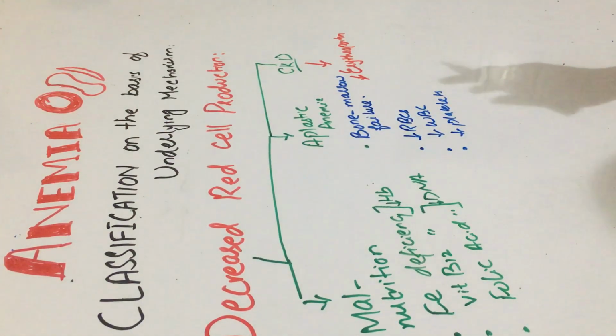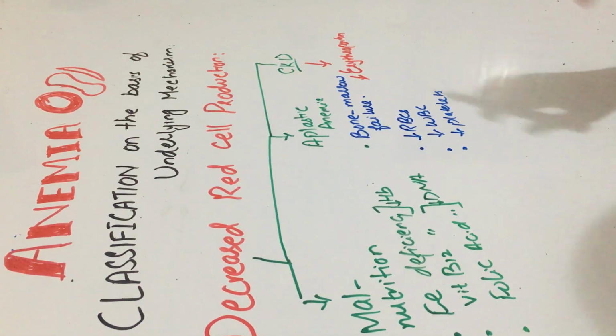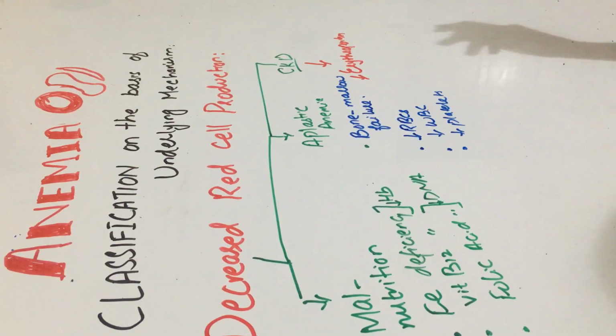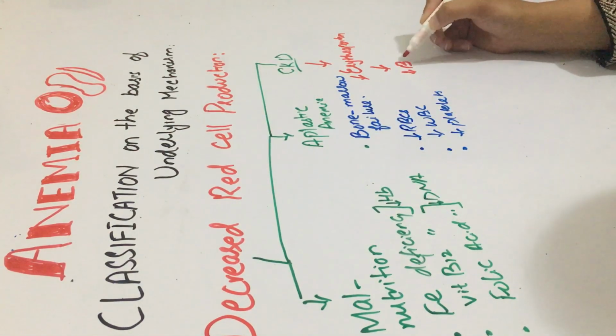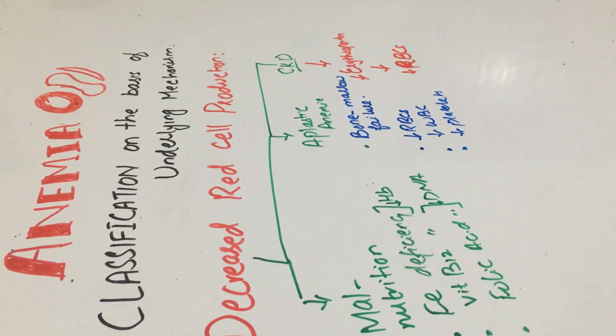Because erythropoietin stimulates the bone marrow to produce RBCs, when erythropoietin is not synthesized in enough amount due to chronic kidney disease, the stimulation of the bone marrow would not occur, and RBCs would be reduced in number. They would not be synthesized in enough amount. There would be decreased red cell production.